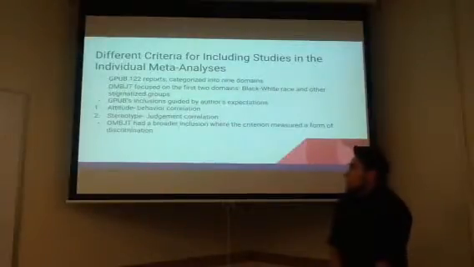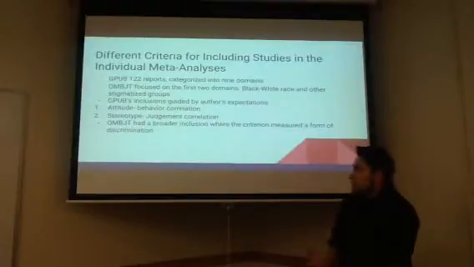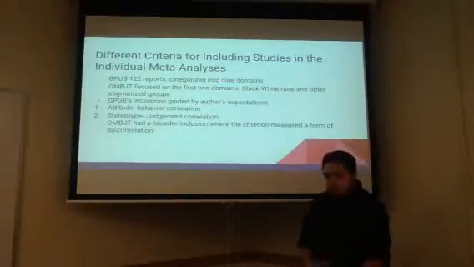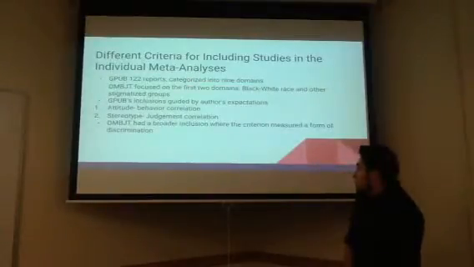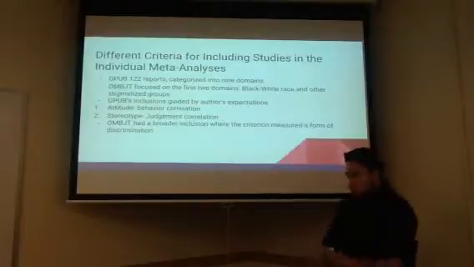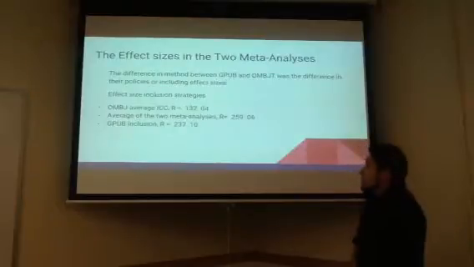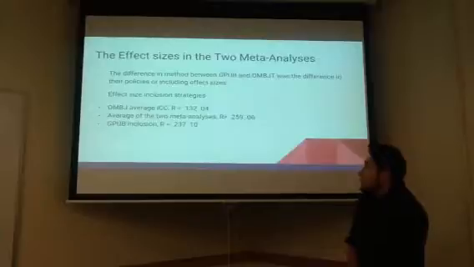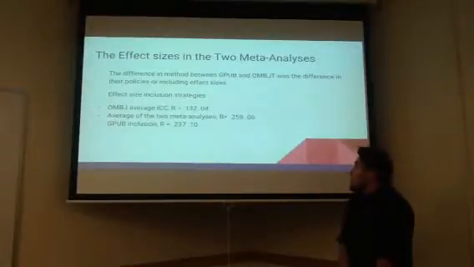For the GPUB, the inclusion was guided mostly by the authors' expectations, the attitude behavior correlation, and the stereotype judgment correlation. For the OMBGT, it had a much broader perspective towards it. The inclusion had a criterion measured in a form of discrimination. The effect sizes measured in the 2 meta-analyses. There was a difference in method between the GPUB and the OMBGT.